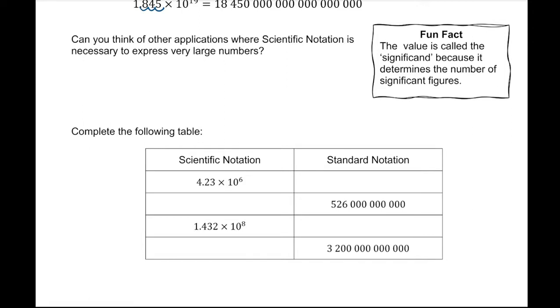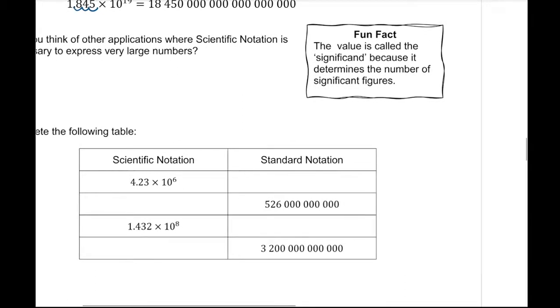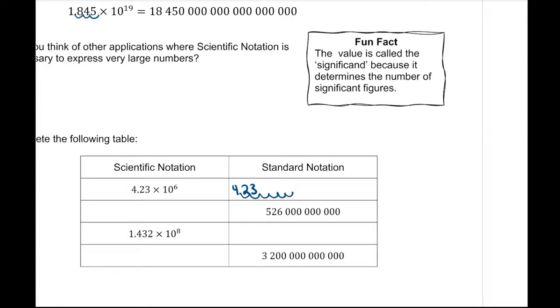If you're struggling with that idea of moving it to the integer and then just adding zeros, you could write 4.23 and then start moving your decimal place: 1, 2, 3, 4, 5, 6. So that means I have 4 spots that are missing where I have to add zeros in, and that gives me my number.